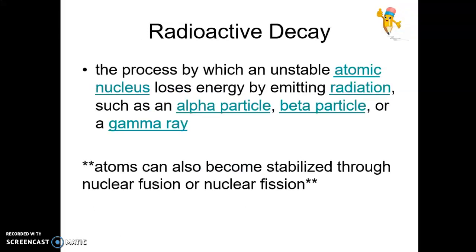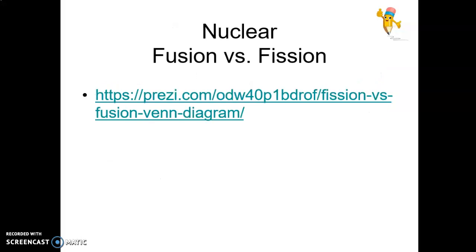Okay, so it is the process of when the atomic nucleus has to lose energy so that it can become stable. And the energy that is lost is known as either an alpha particle, a beta particle, or a gamma particle. So we have three different types of radioactive decay: alpha, beta, and gamma. And the purpose of this is to allow the atom to become more stable.